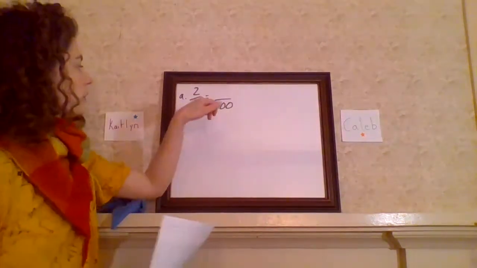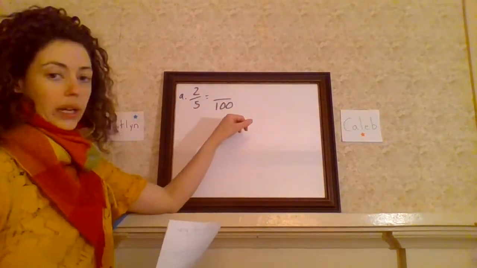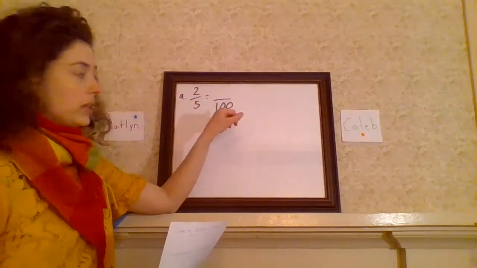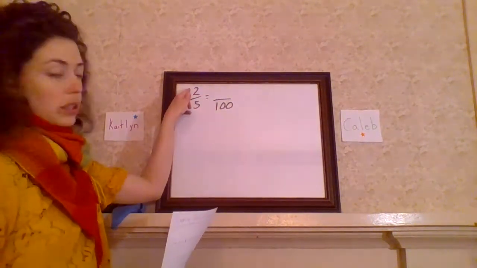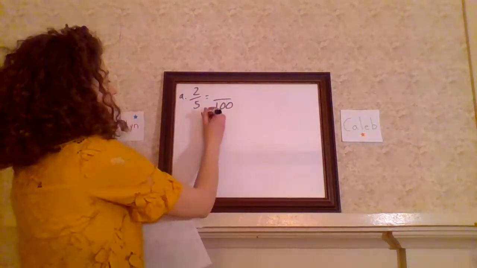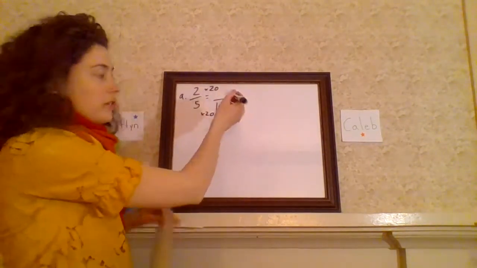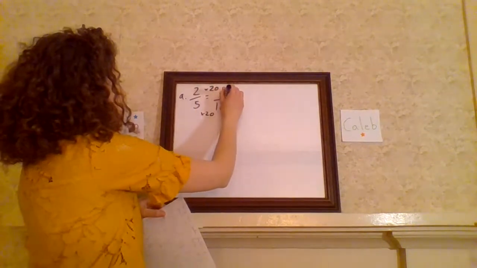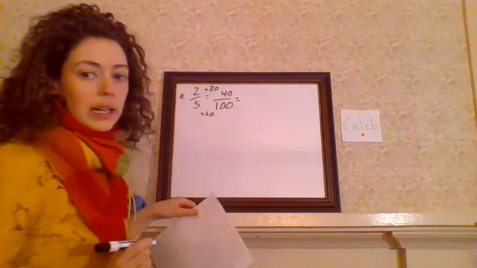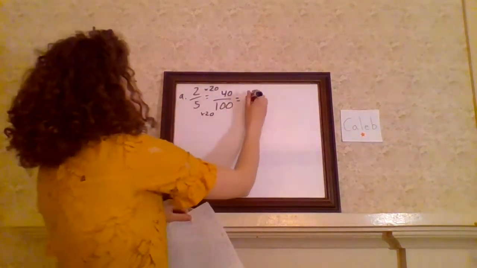So we think, well, 5 times what is 100? 5 times 20. So then we have to multiply the 2 by 20 as well. So whatever you do to the bottom, you do to the top, so that it's an equivalent fraction. So 2 times 20, that's 40. And then how would we write that as a decimal? So that would be 0.40.